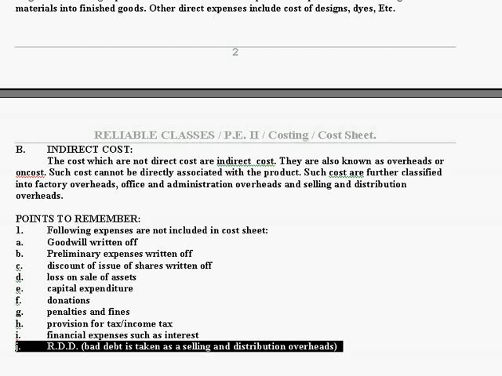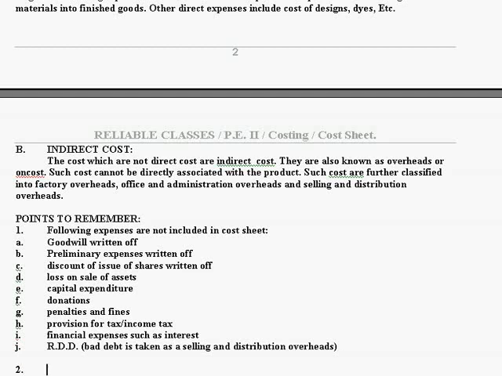So if they have not done their job properly and bad debt arises, the selling department is supposed to be blamed. So it's a view that bad debts has to be taken. But always in case of bad debts, it's safer to write a note that alternatively bad debts can be treated as a non-operating expense and not taken in the cost sheet. Is that fine?